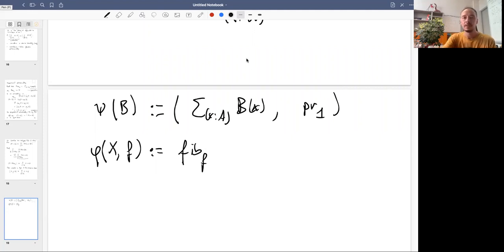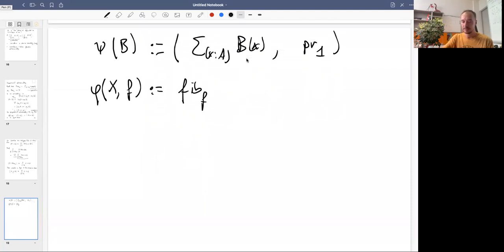Okay, so now the question is, why is this an equivalence? We're going to use univalence to prove this, but we are going to need some lemmas. But let's look at the two cases.